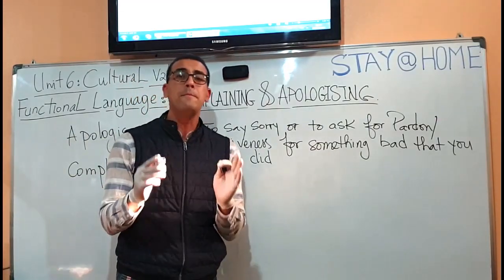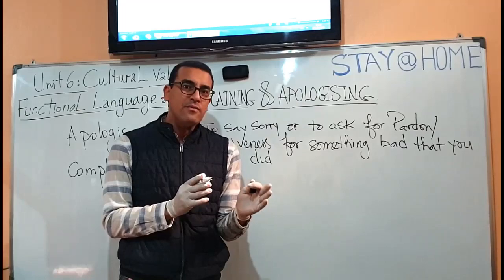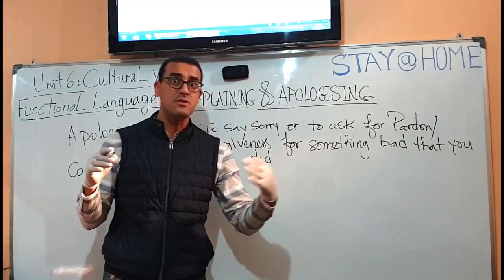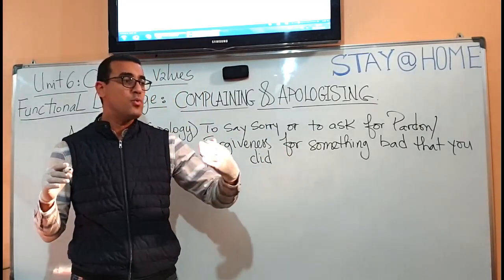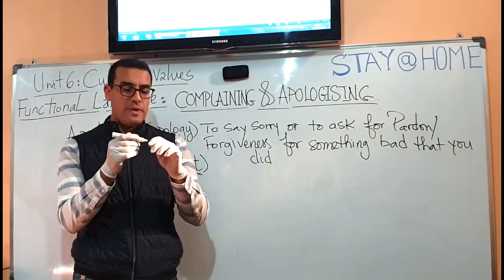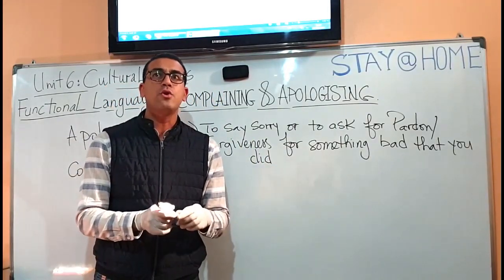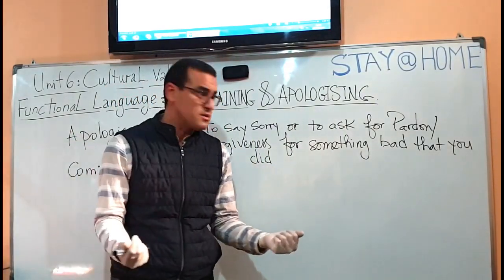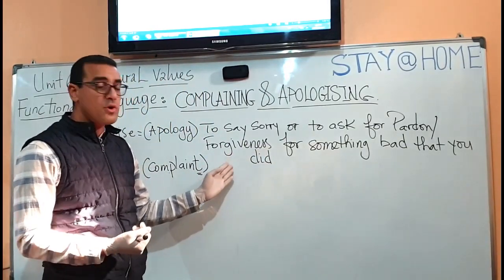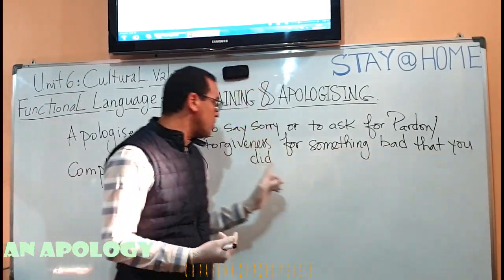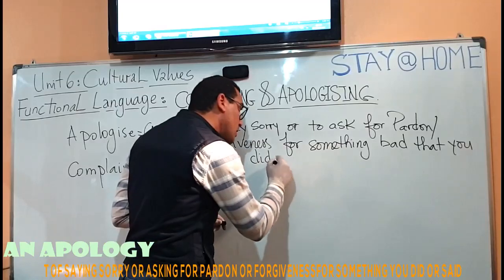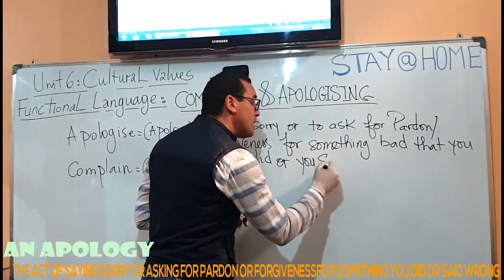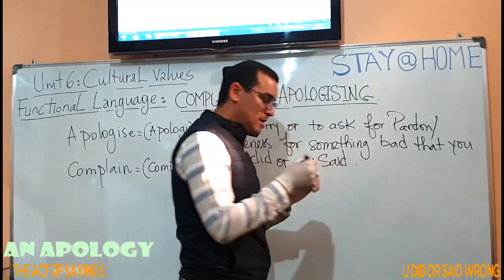For example, a misbehavior. You behaved in a bad way with a person. For example, you behaved badly with a friend of yours, with your teacher, with one of your parents. So, ask for forgiveness for something bad that you did or you said.